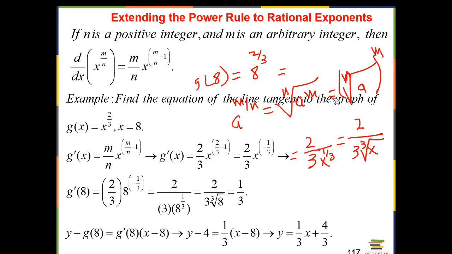That's the same thing. So that would be the third root of 8 and then the quantity to the second power, which is 4, right? So g of 8 is 4. g prime of 8 is 1/3. And so that's the equation of the tangent line.